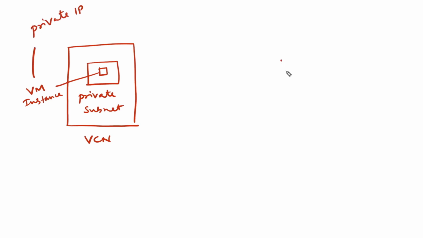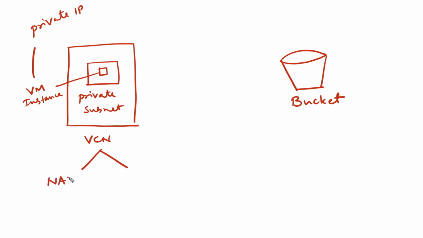Now, I'm also going to have a bucket and then on the VCN side, I will have two types of gateways. The first is NAT gateway.